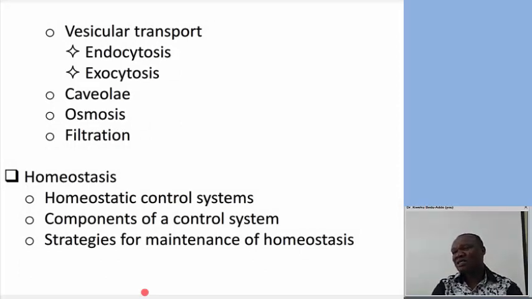We'll then look at homeostasis, a brief overview of that. Since physiology is all homeostasis, we'll look at the brief overview. And under that, we'll look at the homeostatic control systems, components of a control system, and strategies for maintenance of homeostasis.